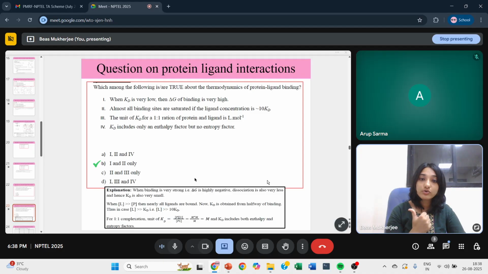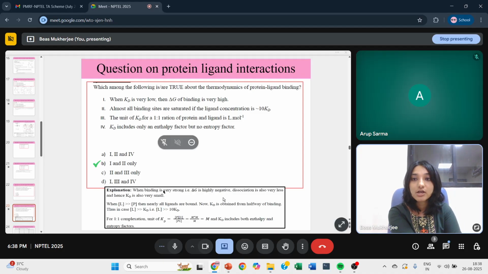So 4 would not be the right answer, and 3 would also not be the right answer because here the unit is wrong. So KD is in molar, so that is mole per liter. Liter per mole is wrong. If it would be association constant, then it would be different. Okay, right. So then 3 is wrong, 4 is wrong, and you are left with 1 and 2.